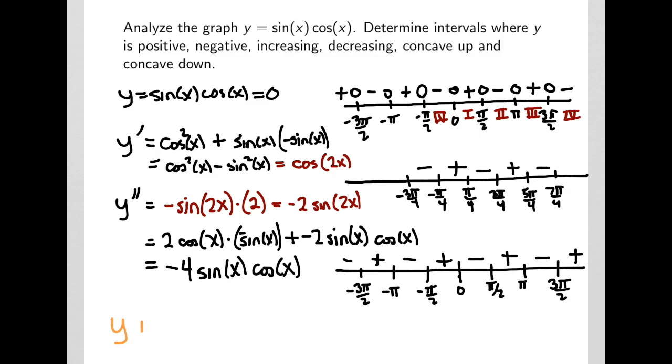For example, y is positive on, and once I say on, then I'm going to start listing the intervals where it's positive. So let's see, we get the interval from 0 to pi over 2. I get the interval from pi to 3 pi over 2.